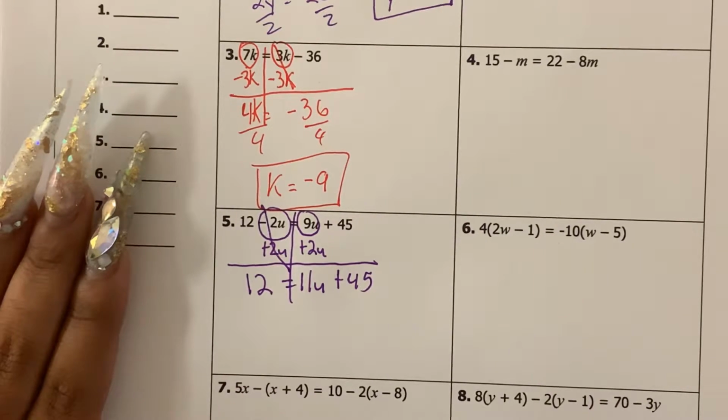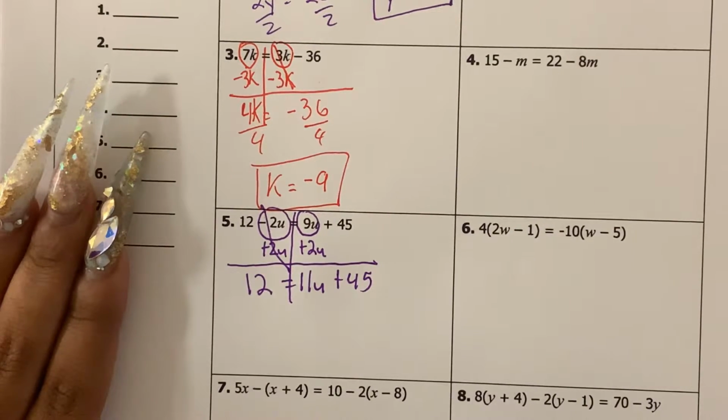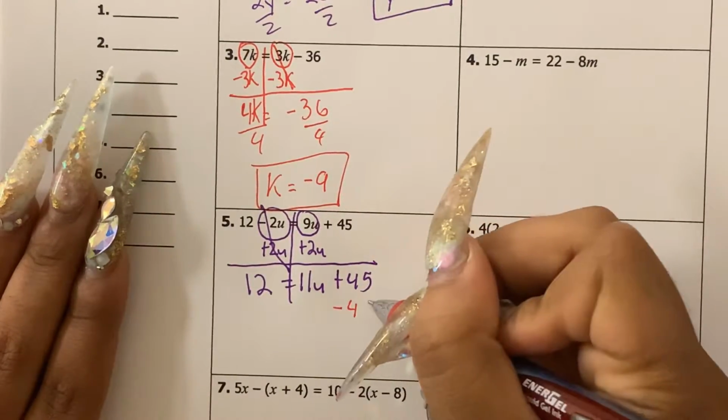Now you're going to copy everything else down. Okay, now again, once you're done with step 3, once you move the variables to one side, you should always have a 2-step equation, or sometimes a 1-step. So you're going to move the constant first by doing the opposite.